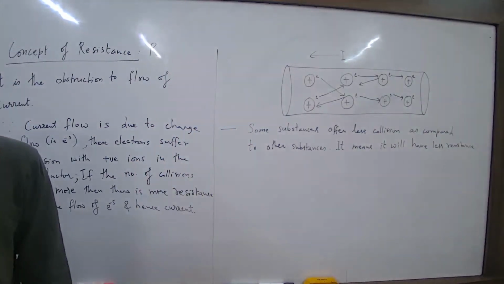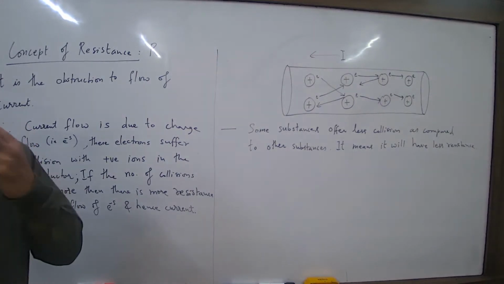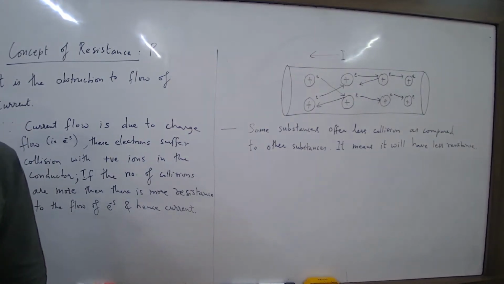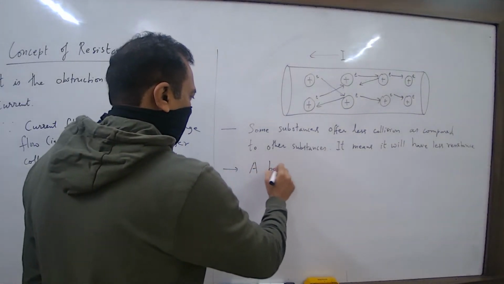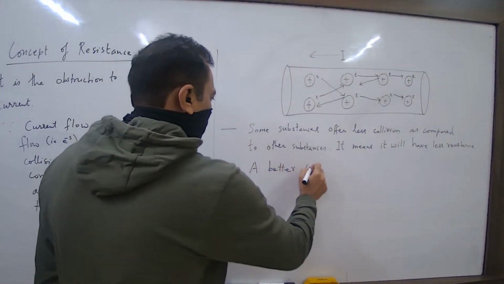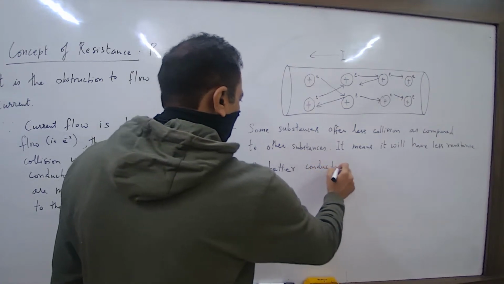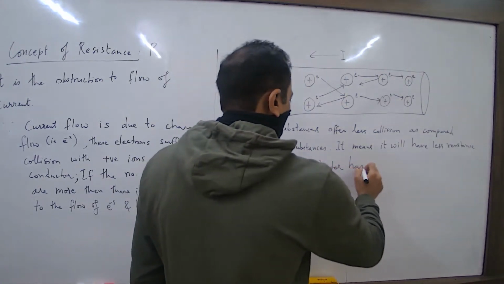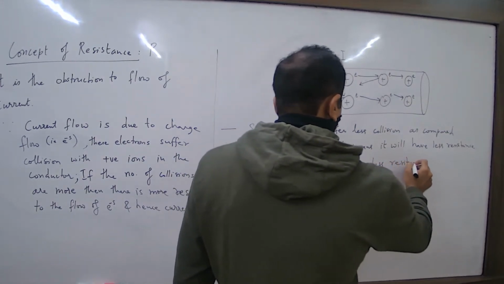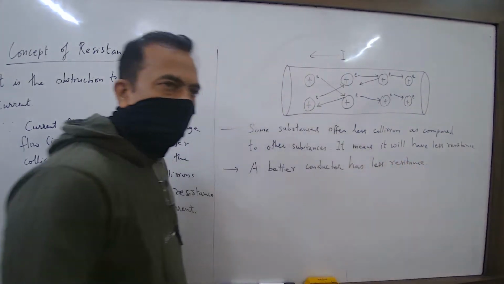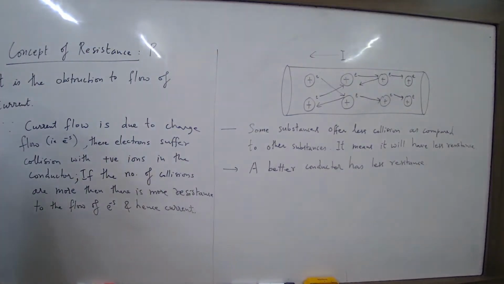So a better conductor should have less resistance or more? A better conductor has less resistance. ठीक है, meaning उसमें क्या हो रहा है? Collisions कम हो रहा है.